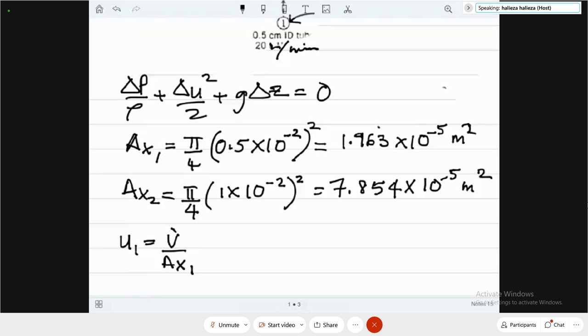Your volumetric flow rate is the same at both points because the same fluid is flowing inside the pipe. Your flow rate just now is 20 liter per minute. We did convert this 20 liter per minute into meter cubic per second. What did we get just now?